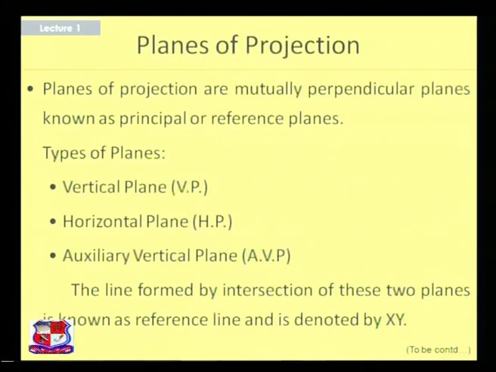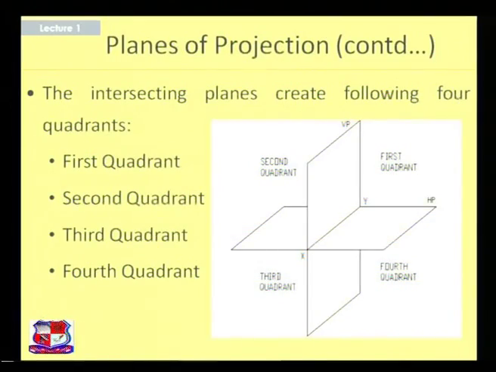As it is written, the line formed by the intersection of these 2 planes, the horizontal plane and vertical plane, is known as the reference line. So this XY line seen in the figure is the reference line, which separates the horizontal plane and vertical plane.